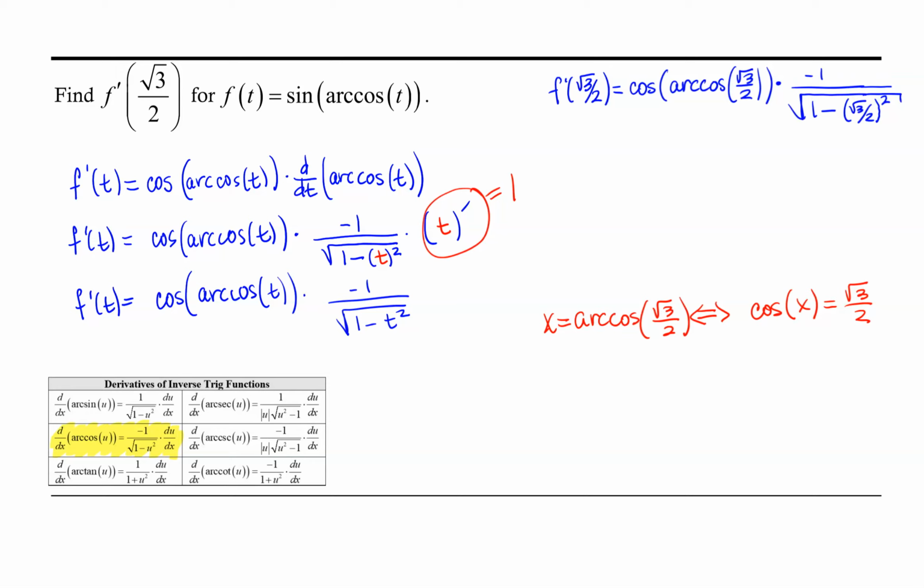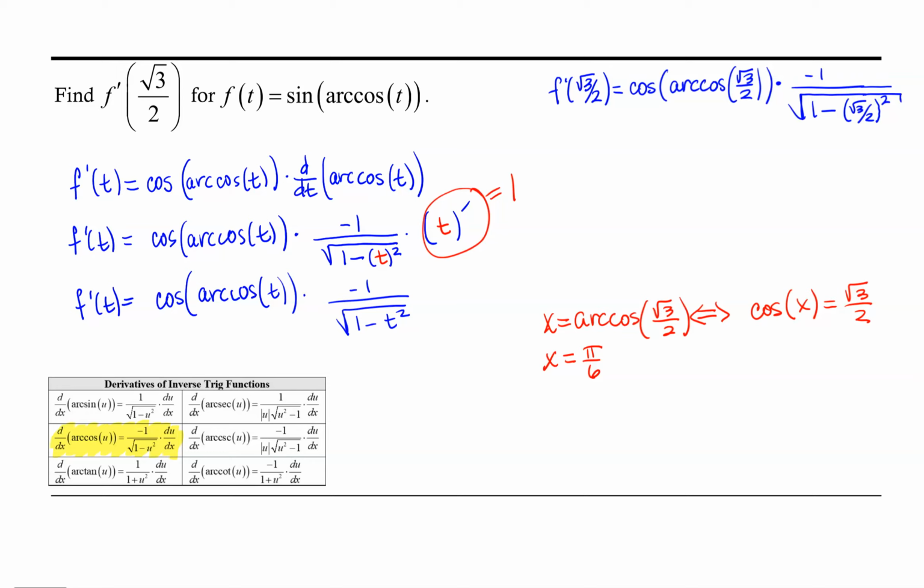So what we need to know is what angle creates a cosine of square root 3 over 2. And in calculus, we always work in radians. And the angle that creates a cosine of square root 3 over 2 is pi over 6.